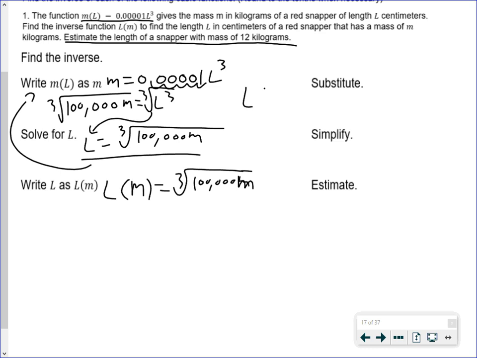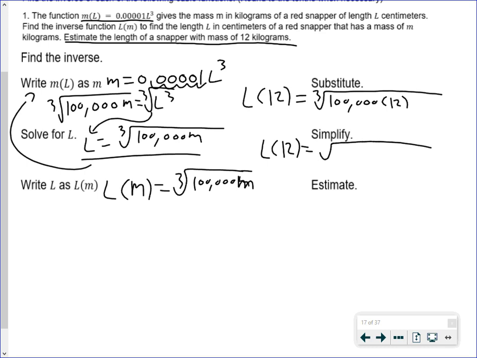We're told that we need to figure out the length of a red snapper that has a mass of 12. So L of 12 is going to be the cube root of 100,000 times 12. 100,000 times 12 is going to be 1.2 million. So we have L of 12 equals the cube root of 1,200,000.